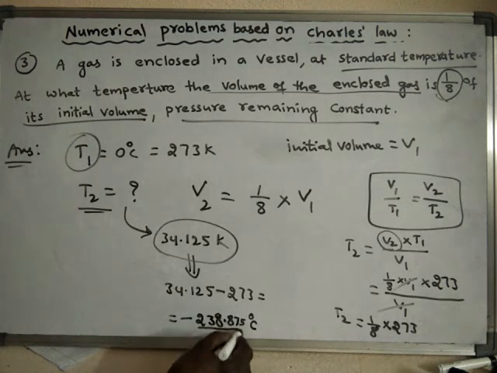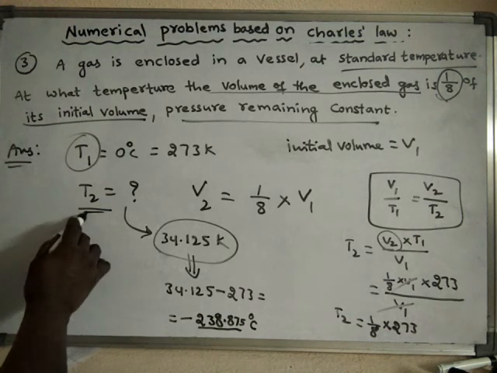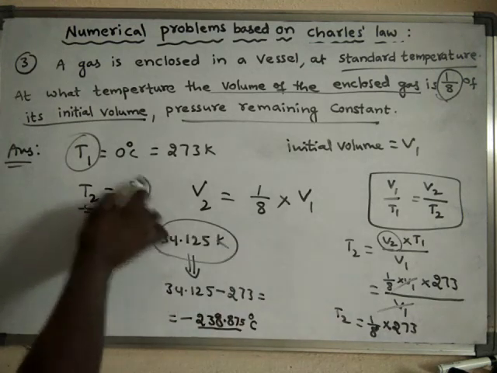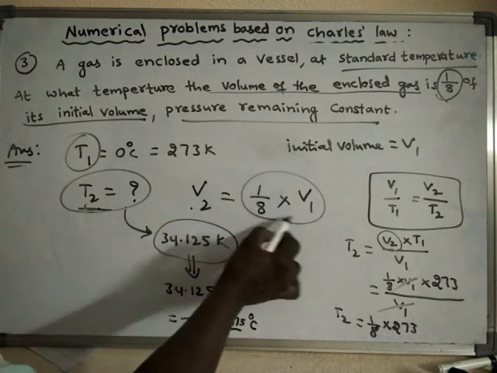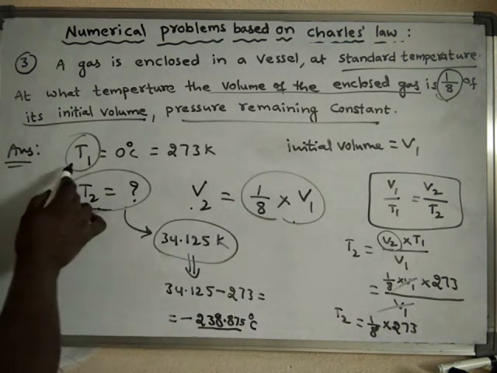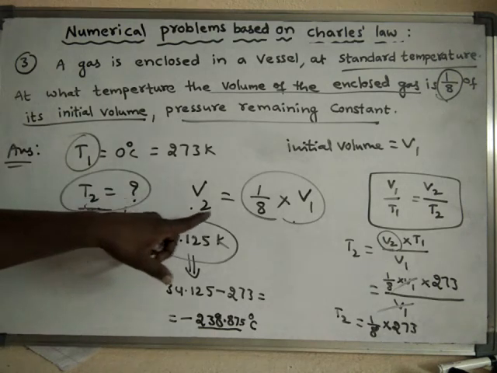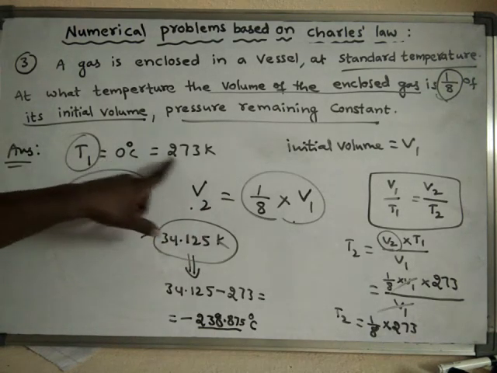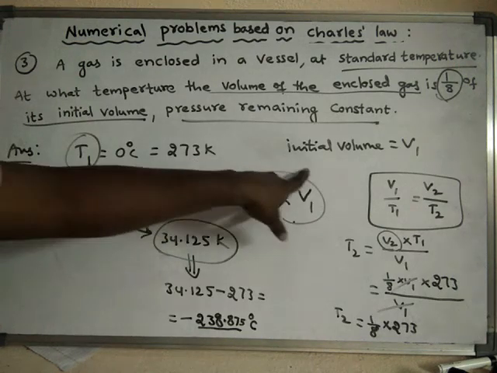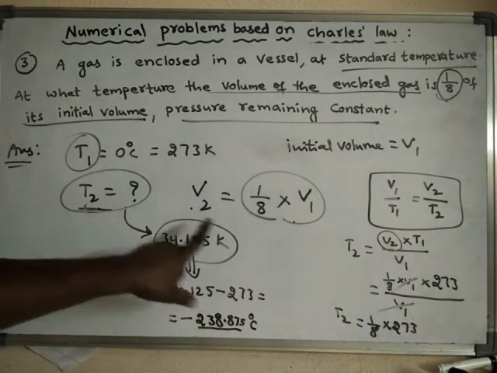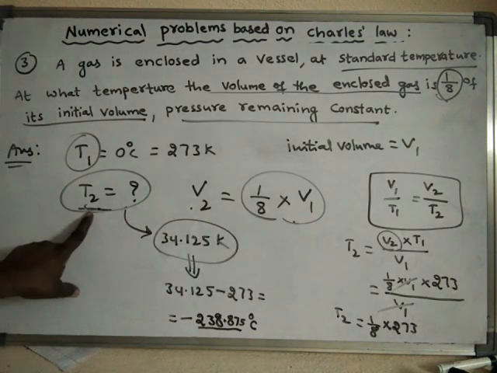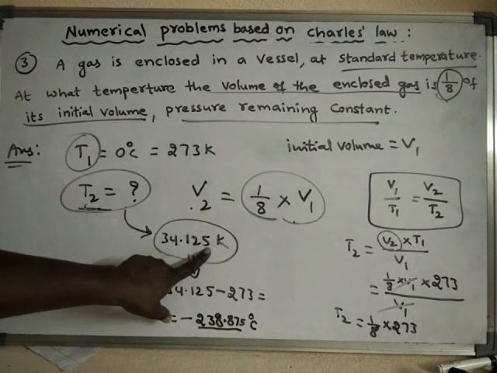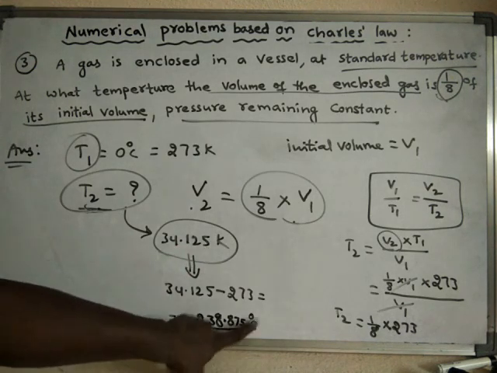So this value is expressed in degree centigrade. At this temperature, the volume of the gas will be 1 by 8 of its initial volume. If the initial temperature is 273 and initial volume is V1, then the final volume will become 1 by 8 of V1 at this many Kelvin, or this many degree centigrade.